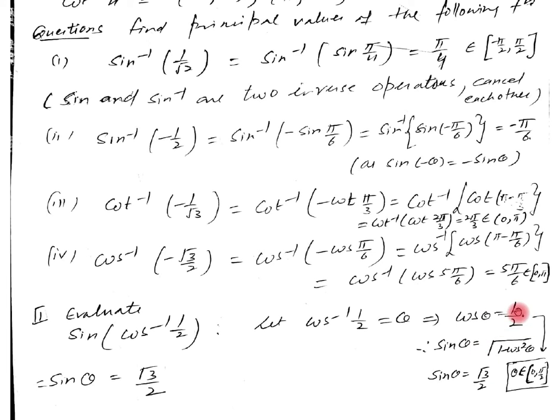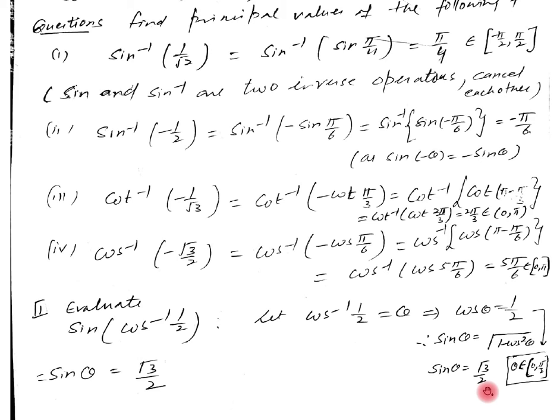If cos theta is 1 by 2, we can find sin theta, that is root of 1 minus cos square theta. We take the positive value because the interval of theta is 0 to pi, but cos is positive, so it must lie in the first quadrant, and in the first quadrant sin theta is also positive. Therefore sin theta equals root 3 by 2.